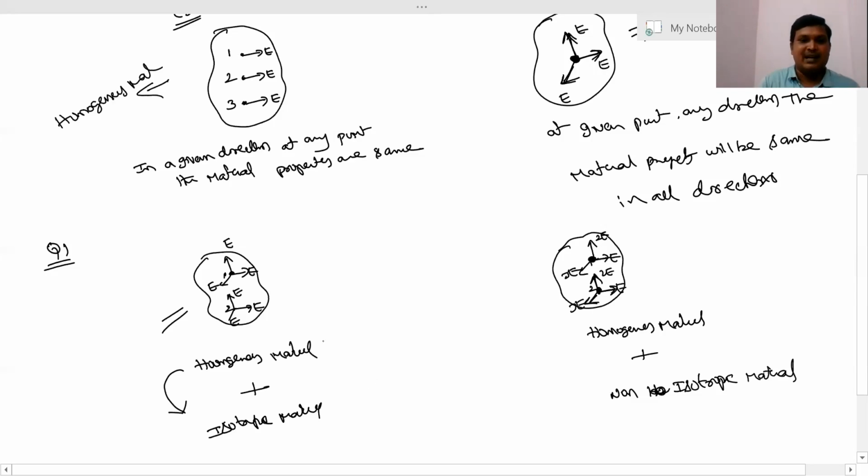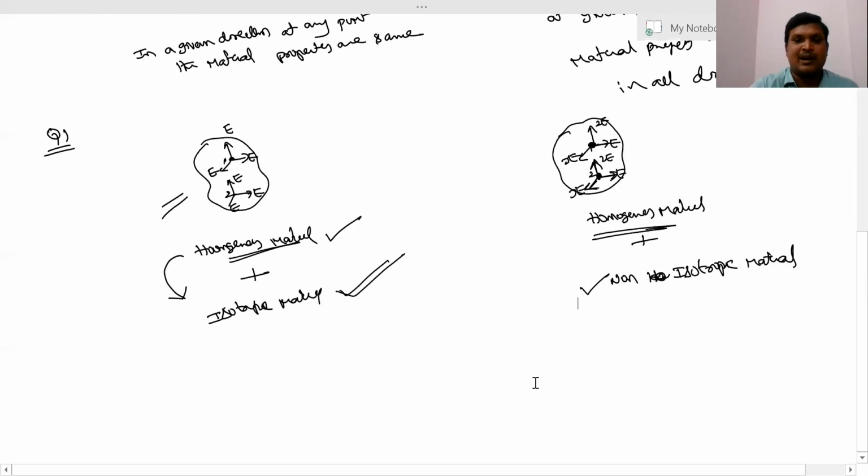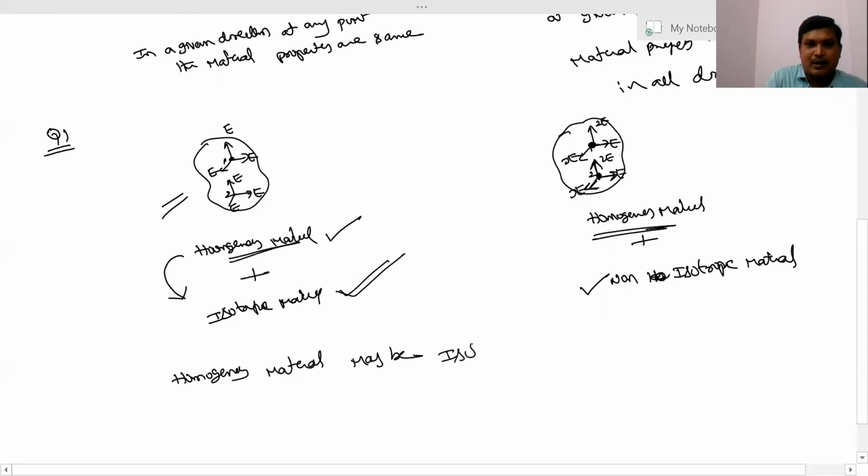So we can say that isotropic material may be homogeneous. Homogeneous material may be isotropic. Homogeneous material may be non-isotropic. So we can write the statement as: homogeneous material may be isotropic or non-isotropic.